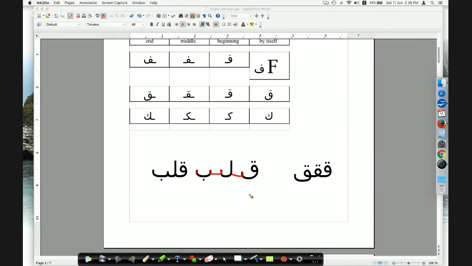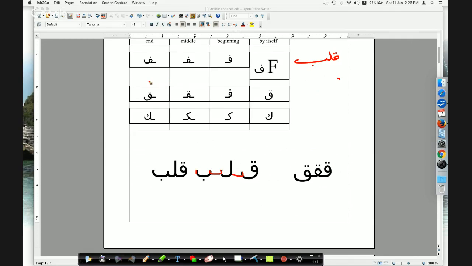All right. So if I write now the word qalb, let me put the tablet again. Qa has two dots on the top.